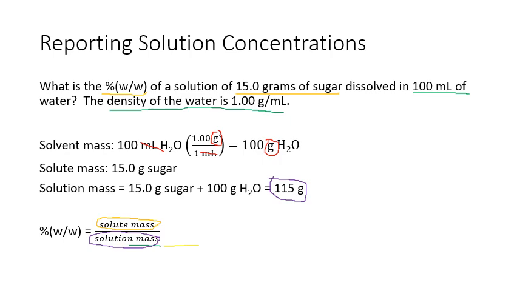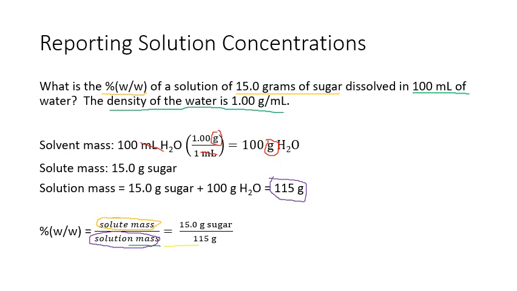So now we have everything we need. We have the mass of the solute, the 15 grams of sugar. We have the mass of the total solution, 115 grams, and we're going to divide one by the other to get the weight percent. What percentage of the weight of this solution is the solute? So we put that in.